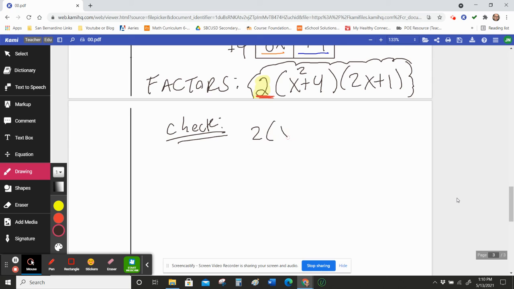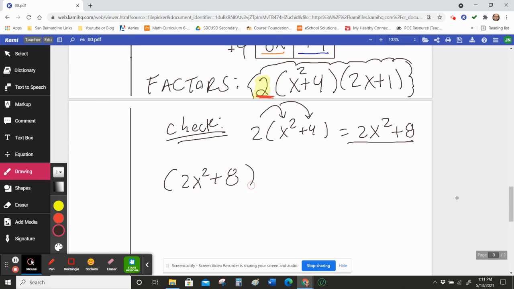If I multiply 2 times x squared plus 4, I get 2x squared plus 8. That's the first two that I multiply together. Now I want to multiply this with the last term, which is 2x plus 1. So 2x squared plus 8 multiplied with 2x plus 1 should be my completely multiplied out polynomial.